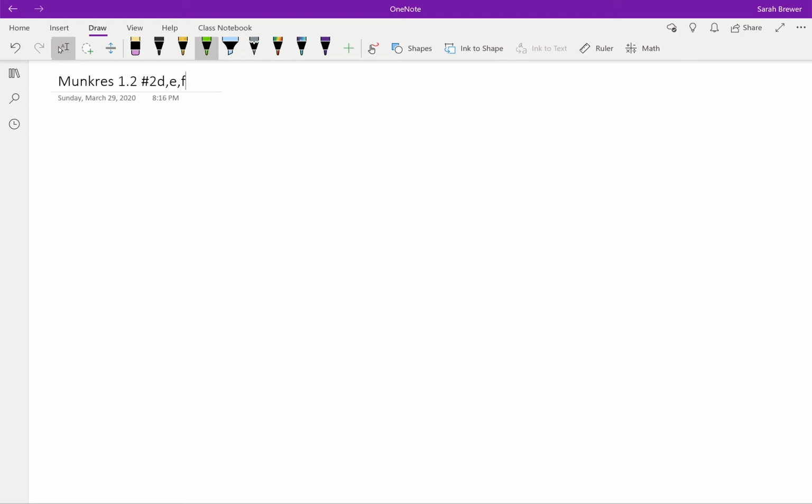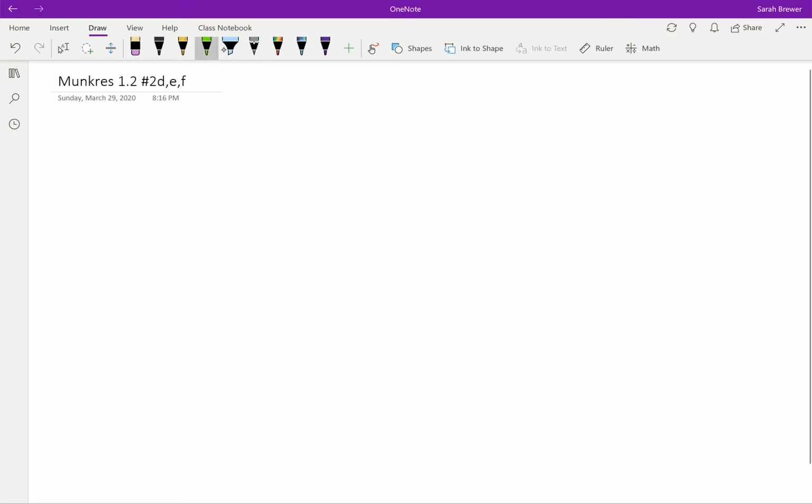All right, so we're going to look at a few problems from section 1.2 just to see what preimages and images preserve when you're applying them to various unions, intersections, differences, etc. So problem number 2D, which we haven't looked at yet.